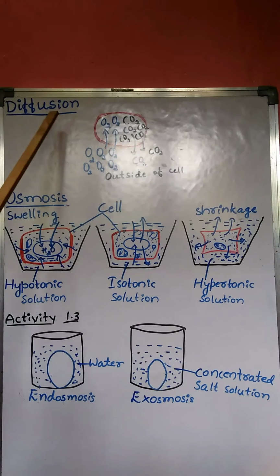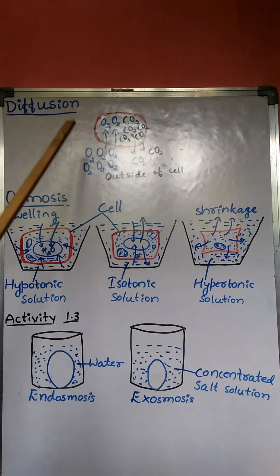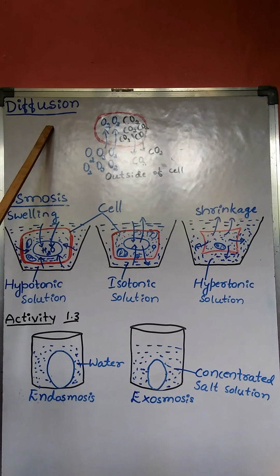By the diffusion process, the movement of substances takes place from the region of its higher concentration to the region of its lower concentration. But by the osmosis process, the movement of water molecules takes place from the region of its higher concentration to the region of its lower concentration through a semi-permeable membrane.